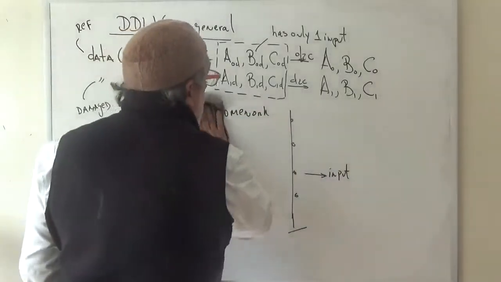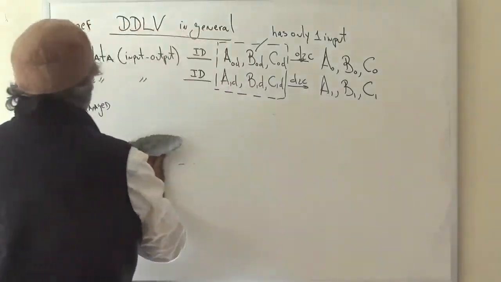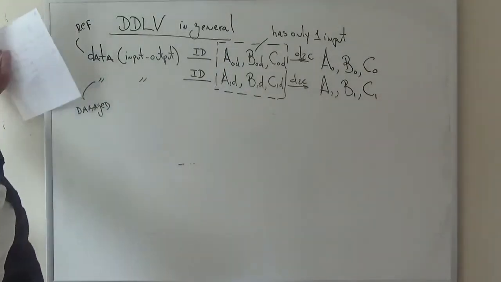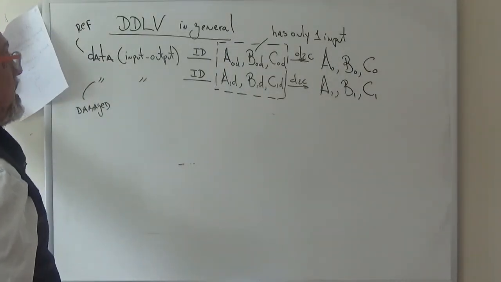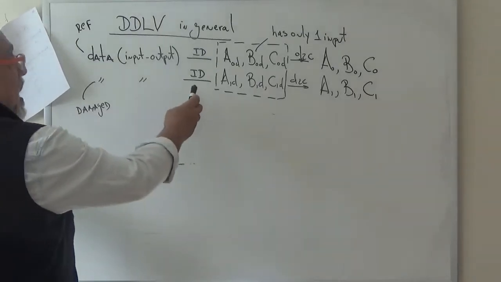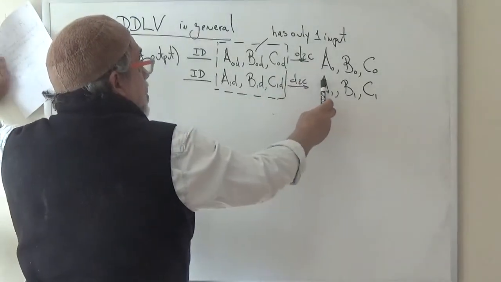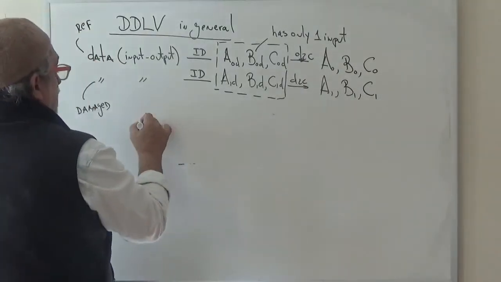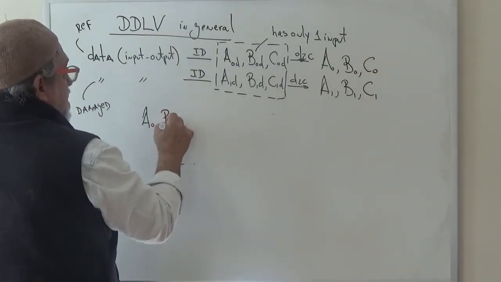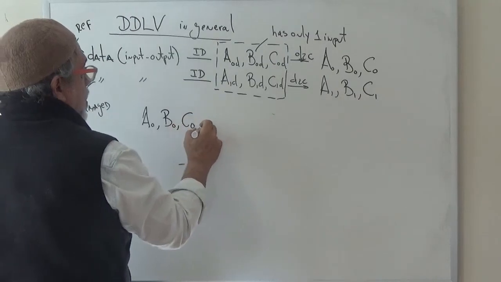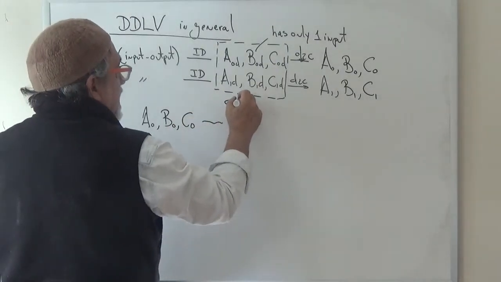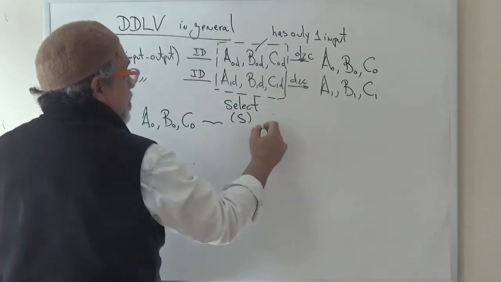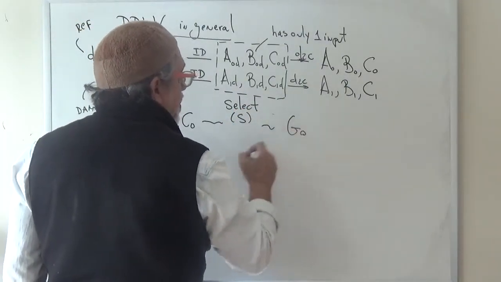So you have your A, B, C from identification. You do discrete to continuous, you get these things. Then, from A0, B0, and C0, and you select some S value in the Laplace domain, you get a G0.